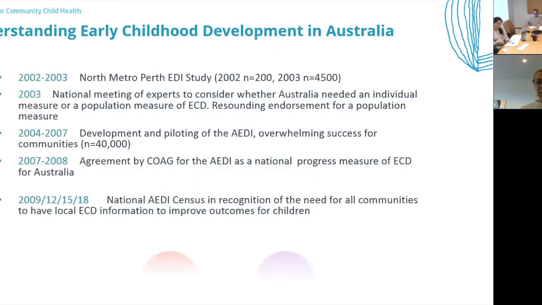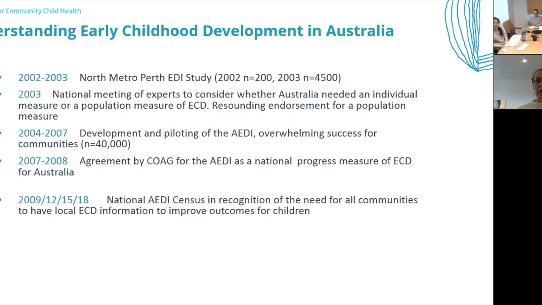But just a little potted history. The EDI was a little study in North Metropolitan Perth that was led by Sally Brinkman and Brett Hart. And then in 2003, in the wake of this increasing interest in early childhood development and in place as a mechanism for change, we had a meeting to talk about, wow, should we put up a population measure or should we put up an individual measure that we just aggregated up? And there was this incredible resounding endorsement for a population measure of early childhood development.